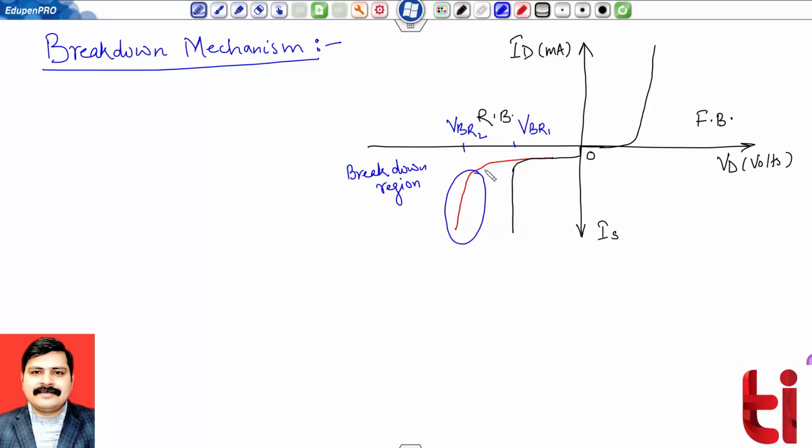However, as far as the classification is concerned, two types of breakdowns are available. One is the Avalanche breakdown, and the second one is Zener breakdown.